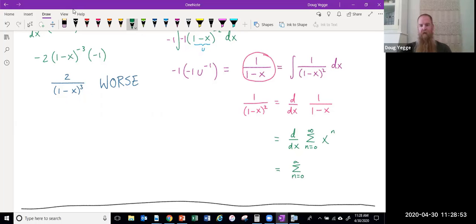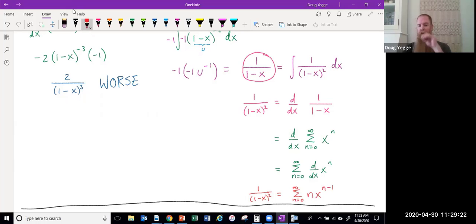So now all we have to do is differentiate x to the n, and therefore 1 over 1 minus x quantity squared has a power series expansion as the sum from n equals 0 to infinity of n times x to the n minus 1. And there's my expansion.